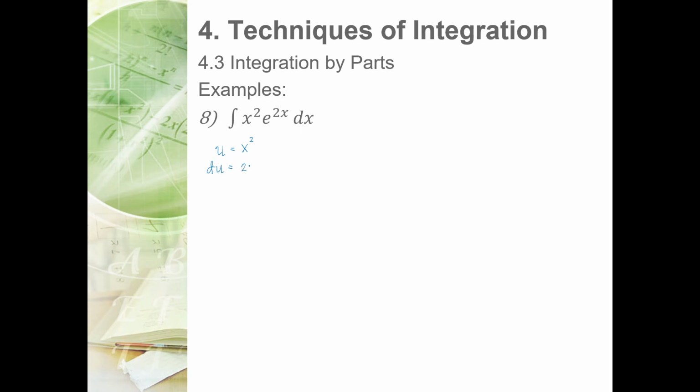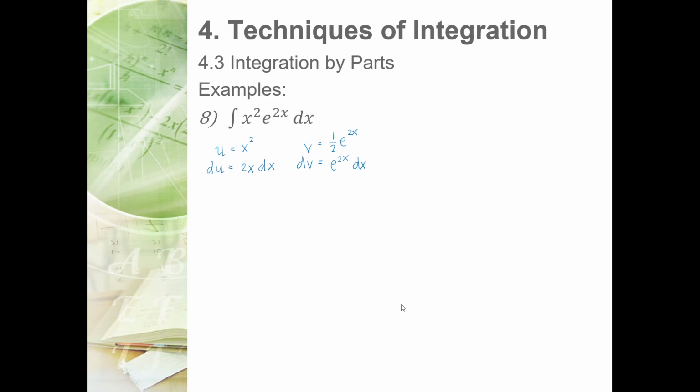Then du is 2x dx. Okay, so dv would be e raised to the power of 2x dx. And then my v would be 1/2 e raised to the power of 2x. So again, for 1/2 e to the power of 2x, I just used the formula for the exponential expression.